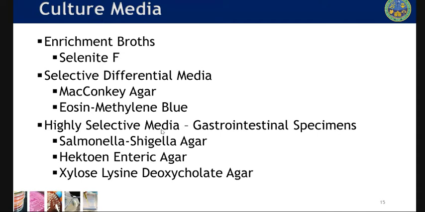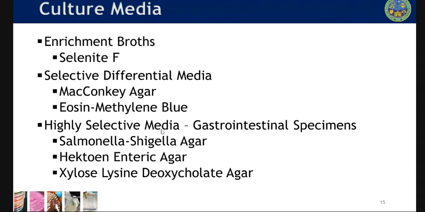Other than that, we have highly selective media, particularly for gastrointestinal specimens. An example of which would be, well, mostly these three are used for the isolation of Salmonella and Shigella agar. The most common one is your SSA, Salmonella Shigella agar, also Hektoen enteric agar. With Hektoen enteric agar, as far as I can remember, it has also an H2S indicator, if I happen to be correct.